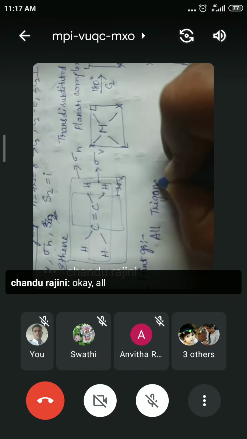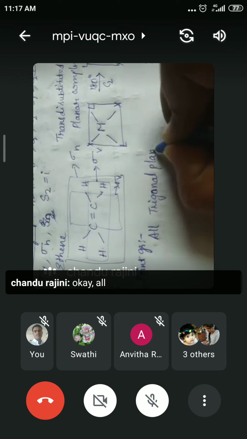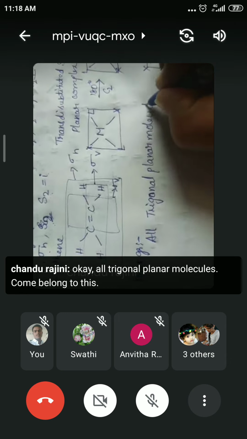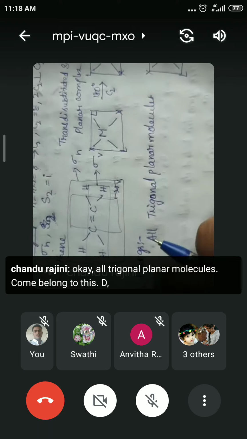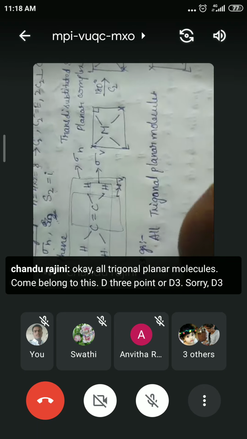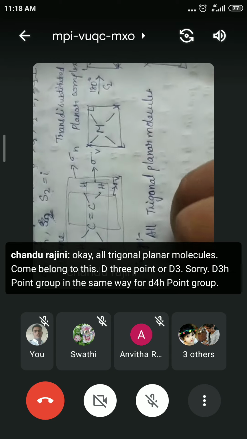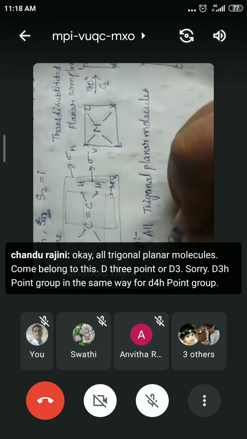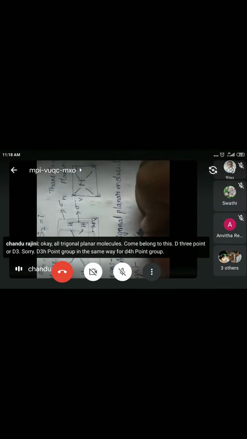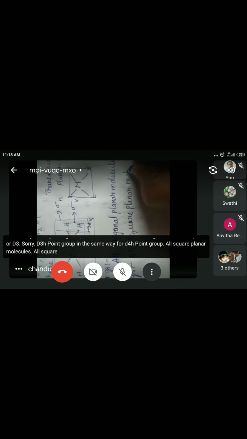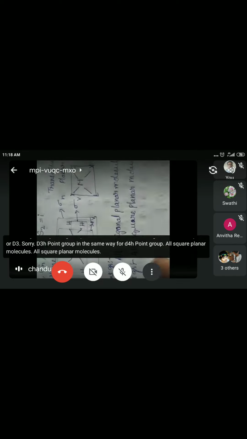All trigonal planar molecules belong to this D3h point group. In the same way, for the D4h point group, all square planar molecules come under this point group.